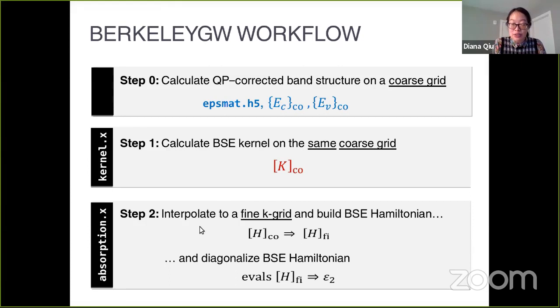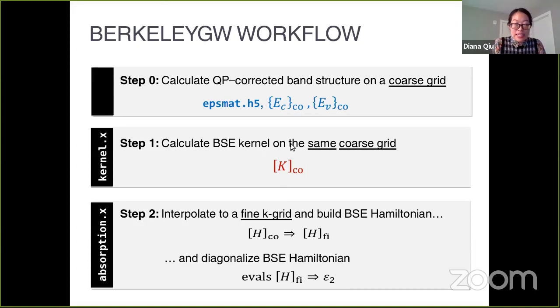Once it's constructed the full BSE Hamiltonian on the fine grid, it's going to diagonalize it. This will give us the eigenvalues and eigenvectors of the Hamiltonian, which can then be used to construct the optical absorption from Fermi's golden rule.